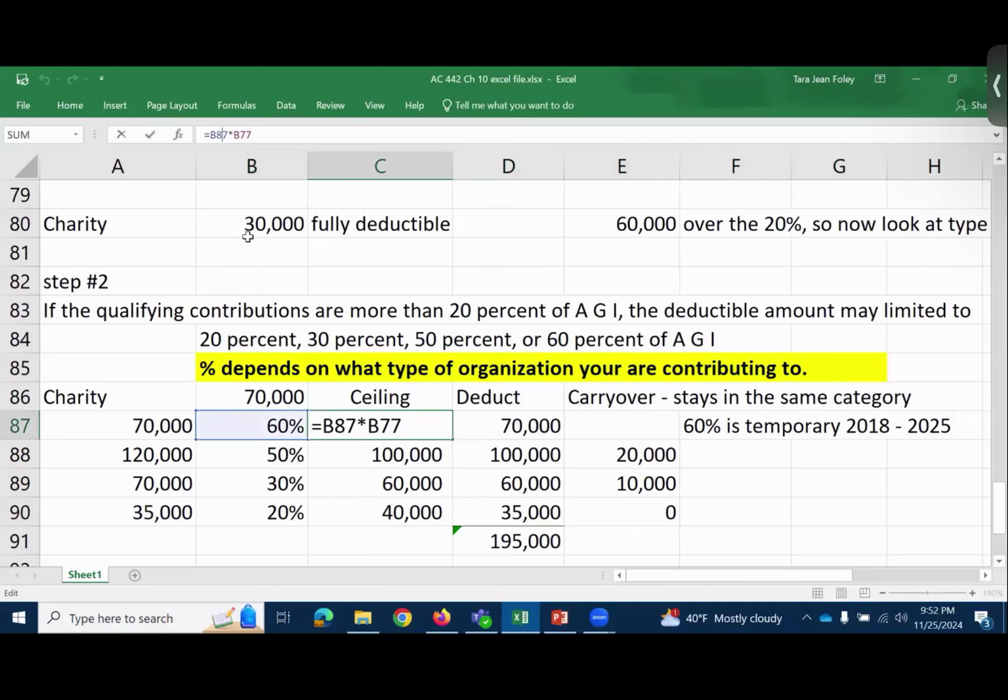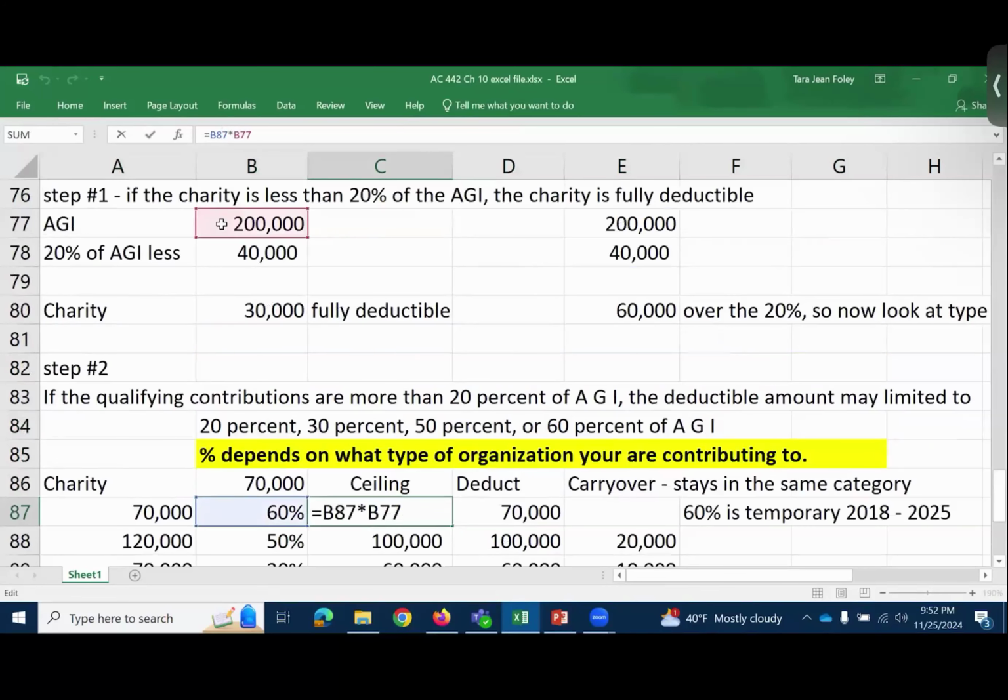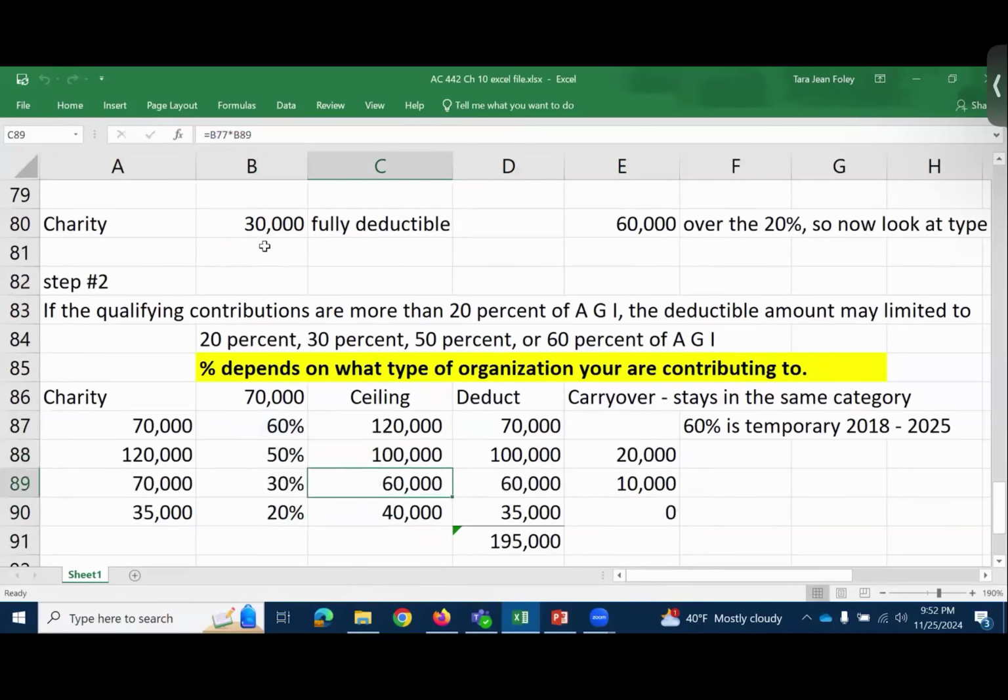My ceiling is my AGI of 200,000 times 60%. My ceiling is my AGI times 50%. My ceiling is my AGI times 30%. My ceiling is AGI times 20%, which means I can only deduct up to $40,000.